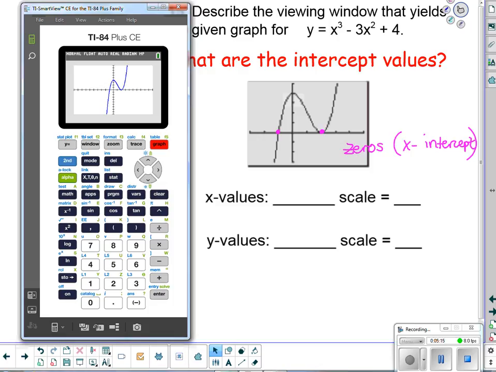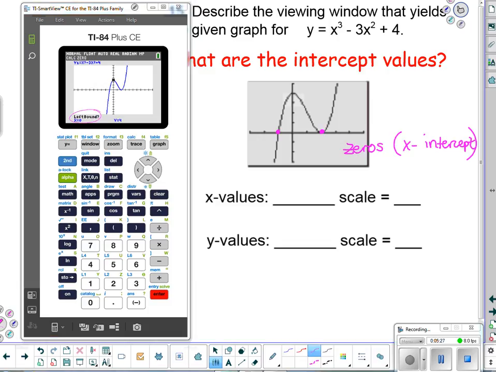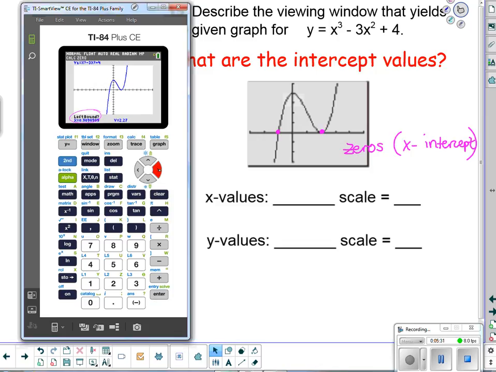So I'm going to go second and trace to get to calculate. And I want to calculate the zero. So I'm going with option 2. And notice how it says use the left bound, right? So I need to be on the left side of my zero. I'm going after this zero right there where it's intersecting the x-axis. Hit enter.